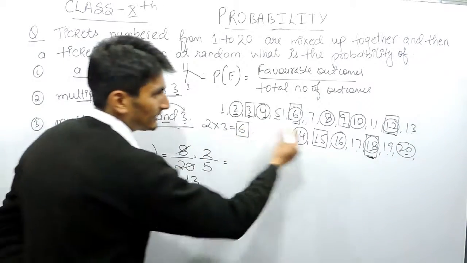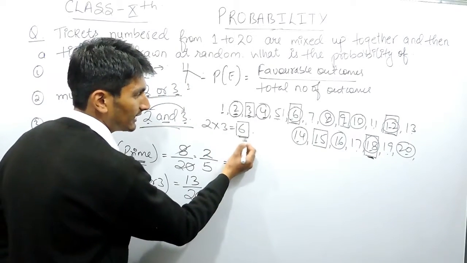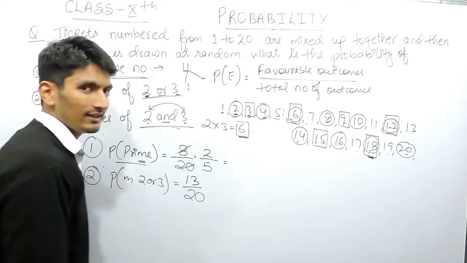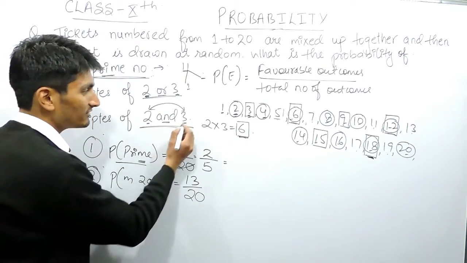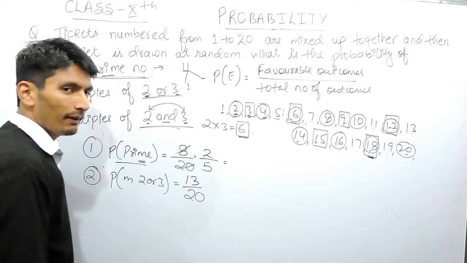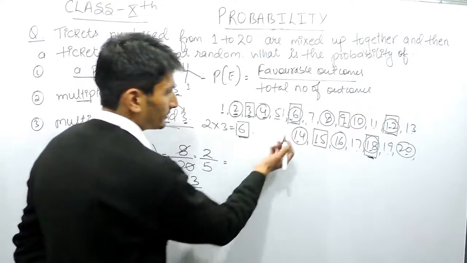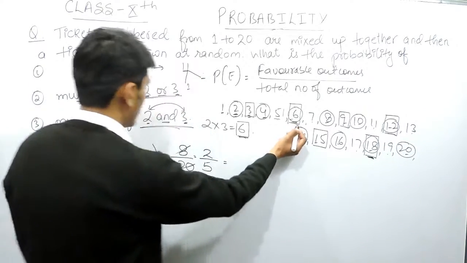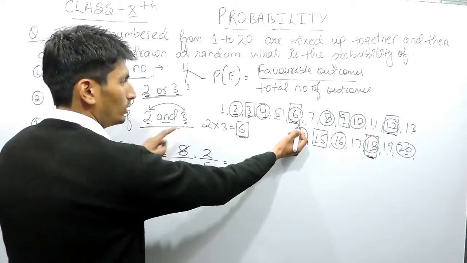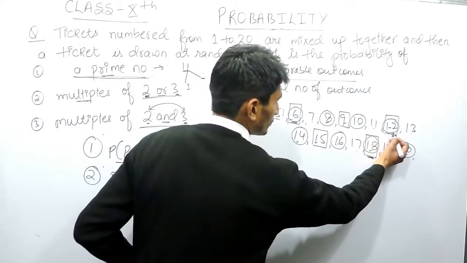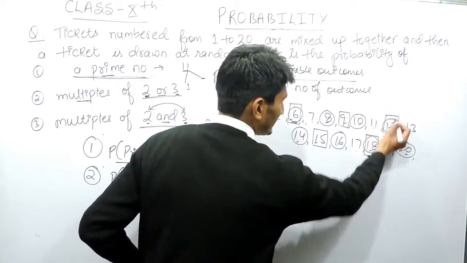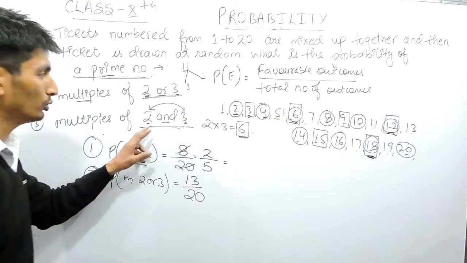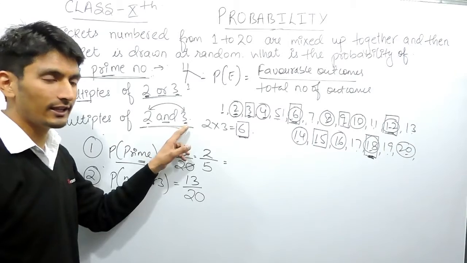So in this series, you need to find the numbers which are divisible by 6. Those numbers will be divisible by 2 as well as by 3. So the first number is 6, which is a multiple of 3 and 2, and the second is 12 and third is 18. So these three numbers are the multiples of 2 as well as 3.